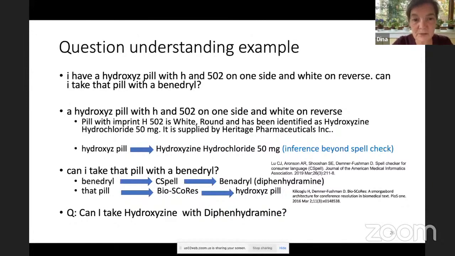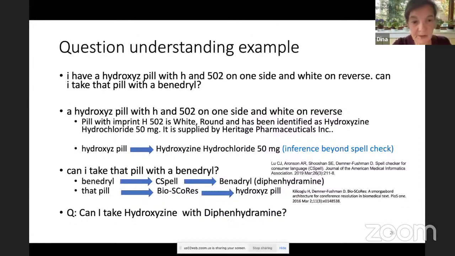So here is the question that was submitted to MedlinePlus search box. I have a hydroxyzine pill with H and 5O2 on one side and white on reverse. Can I take that pill with a Benadryl?